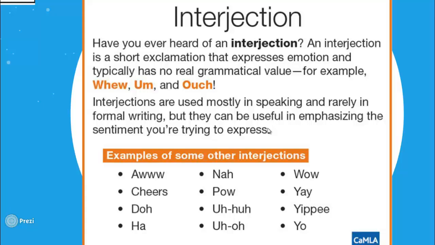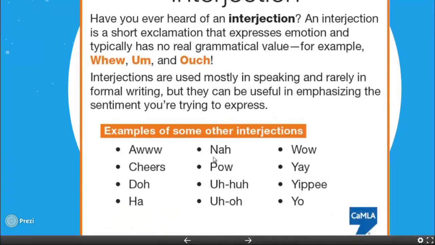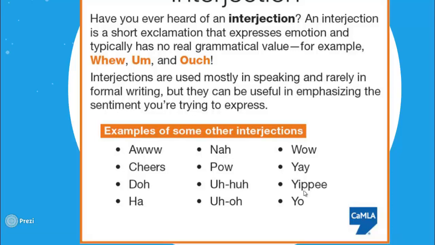For example, words such as aha, or ha, or yippee, or others. So the idea with the interjections, remember, is that they are exclamations that we use, and they're mostly used to show feelings.